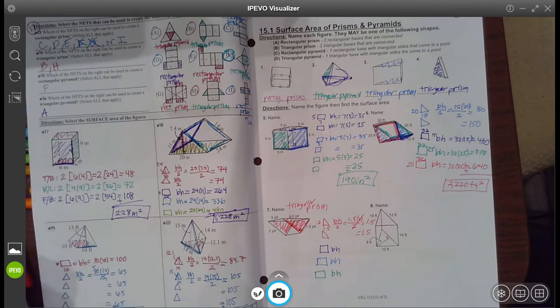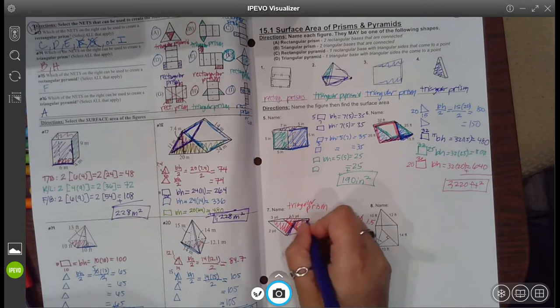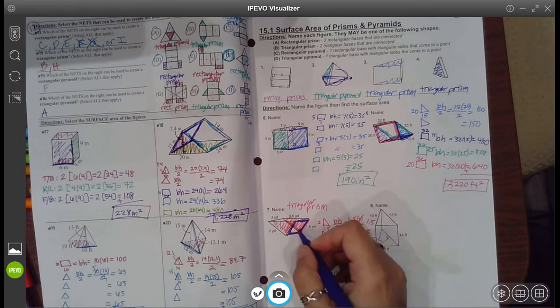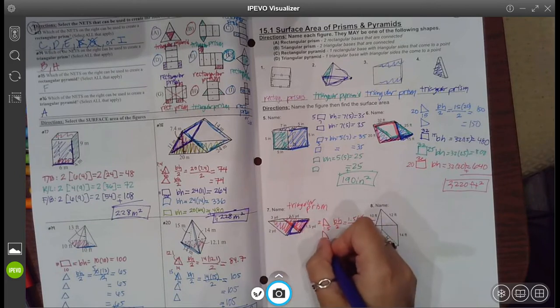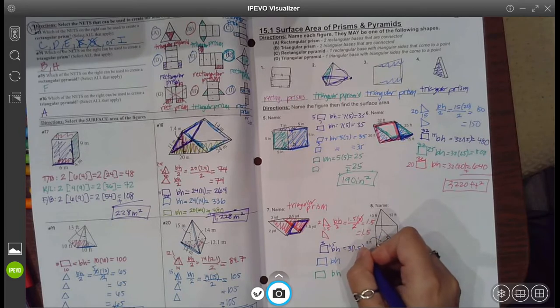The first rectangle. I see this guy right here. What's the measurements of that? I have 1.5. And do I know this? Well, this is the same as that one, so 3. So 3 times 1.5 is 4.5.